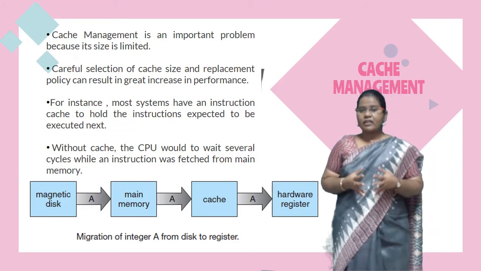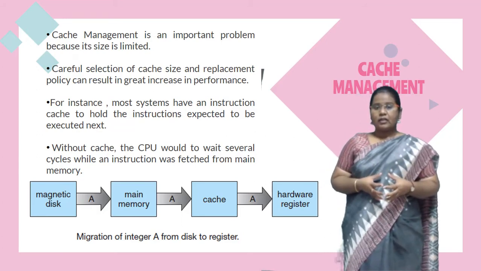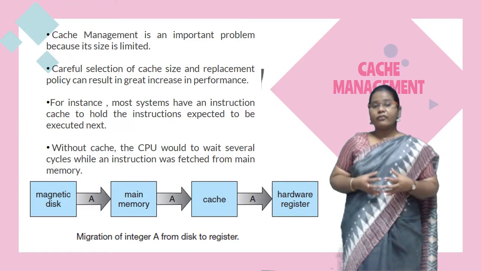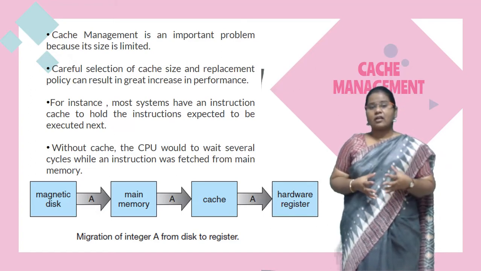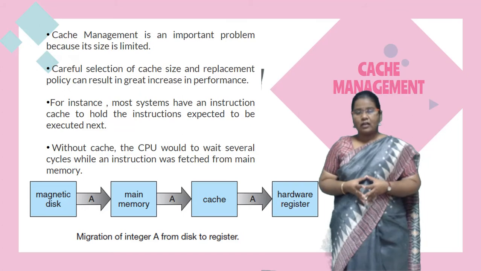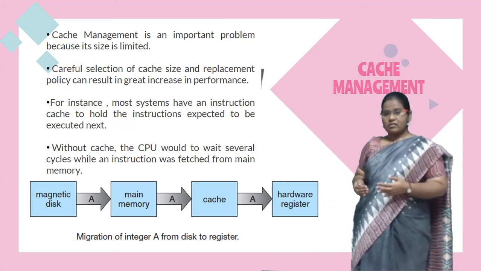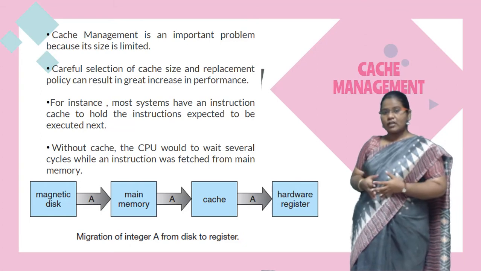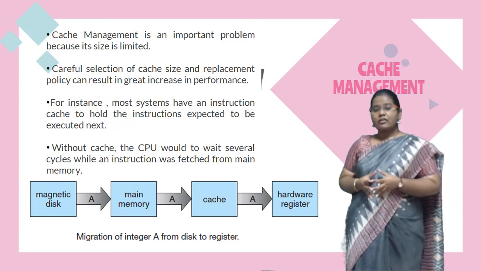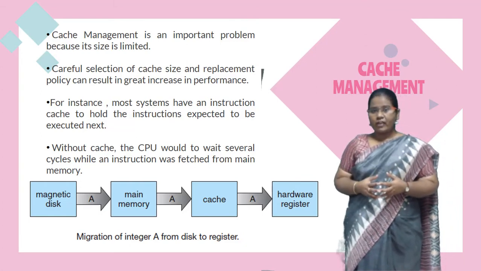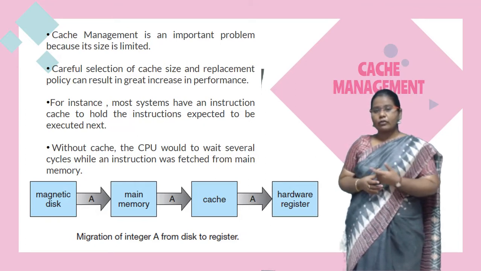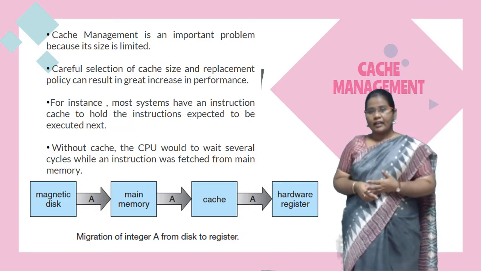For instance, if there is no cache management, your CPU would have to wait for several cycles in order to execute a single instruction. In the diagram you can see the levels of storage devices through which your variable or data value is going to pass.